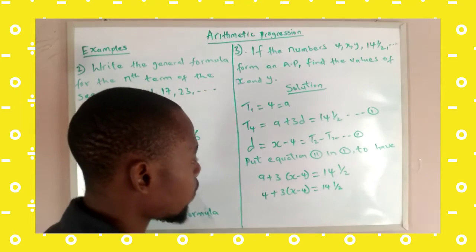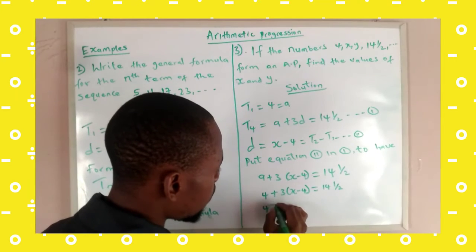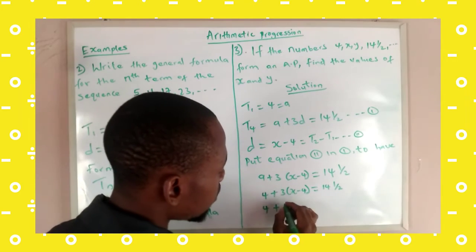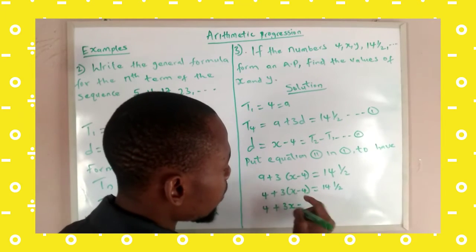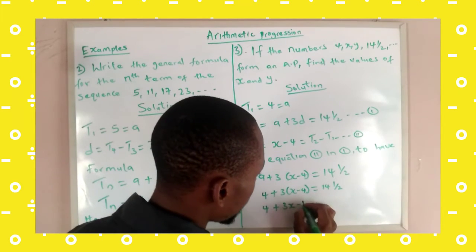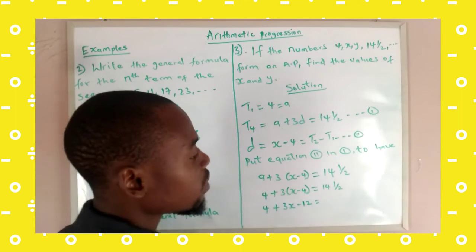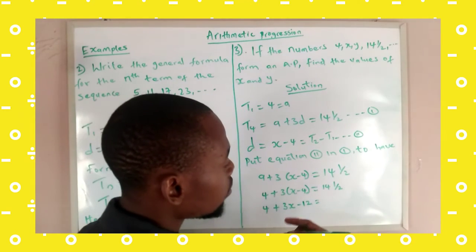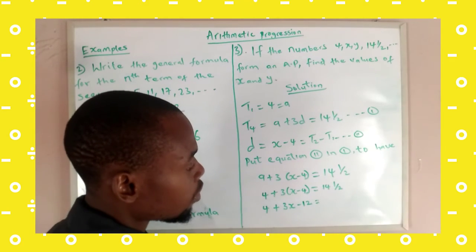Now, when we open the brackets here, we have 4 plus 3 times x, that will give us 3x, minus 3 times minus 4, that will give us minus 12, is equal to, we can express this as a fraction, so we change it to proper fraction.